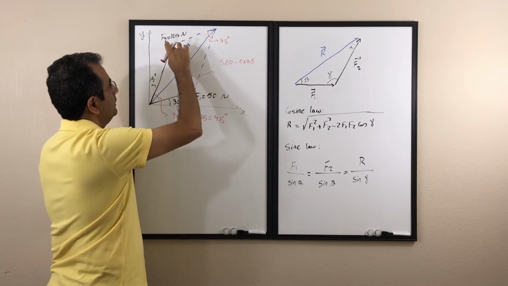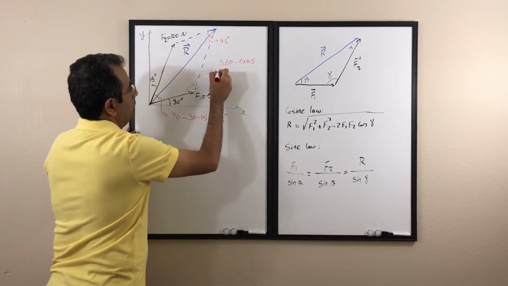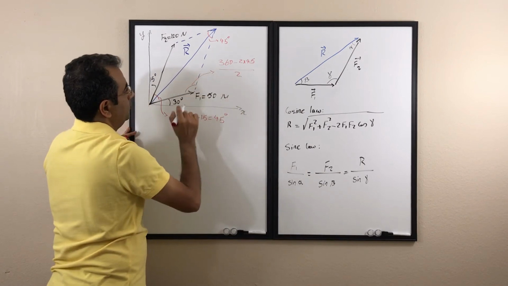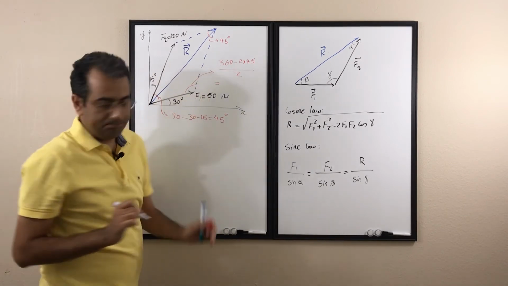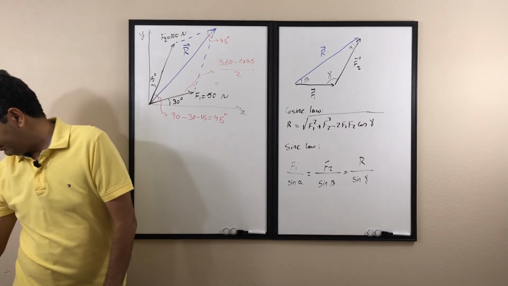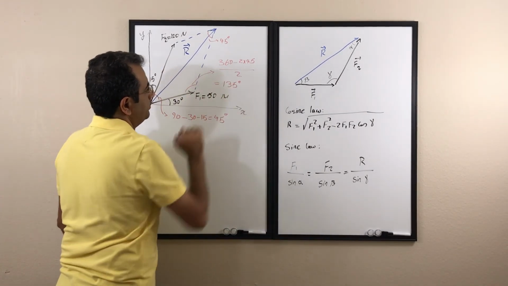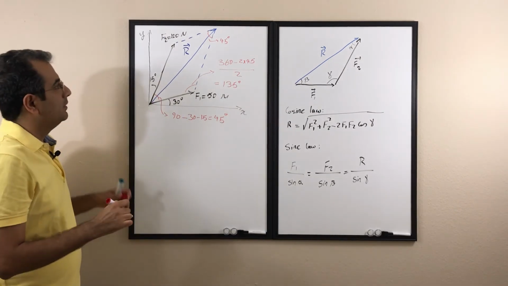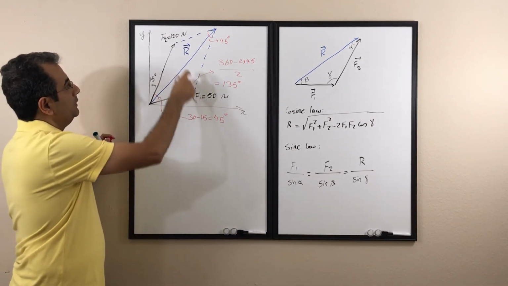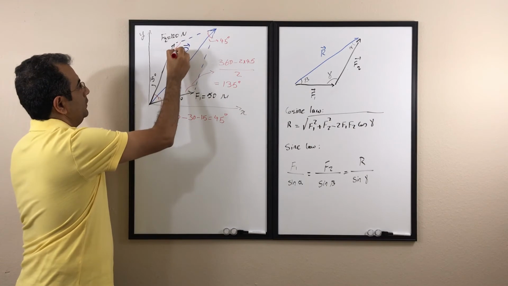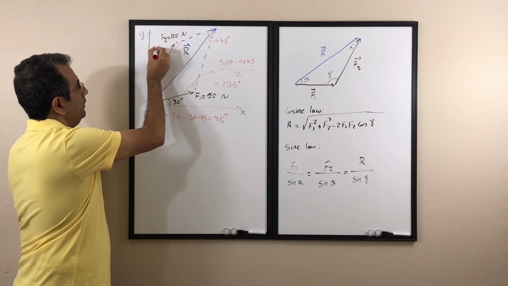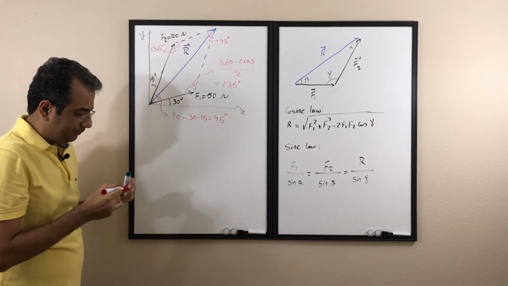If I divide it by 2, the angle of that is going to be 135 degrees. Again, this one and this angle are the same, so this one is also going to be 135 degrees.